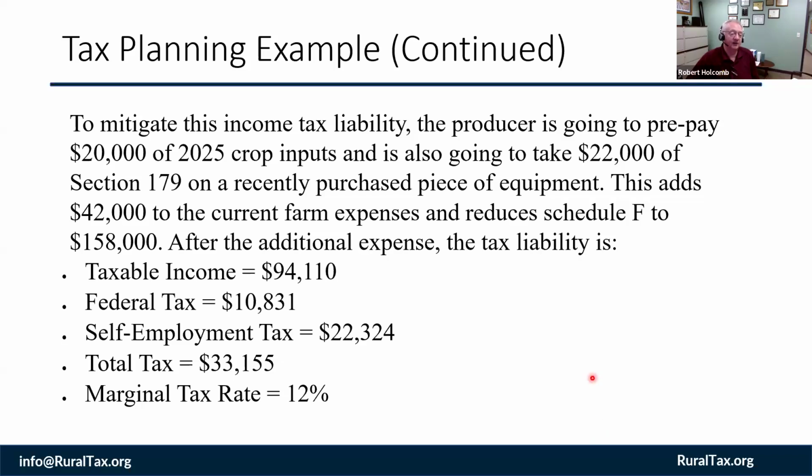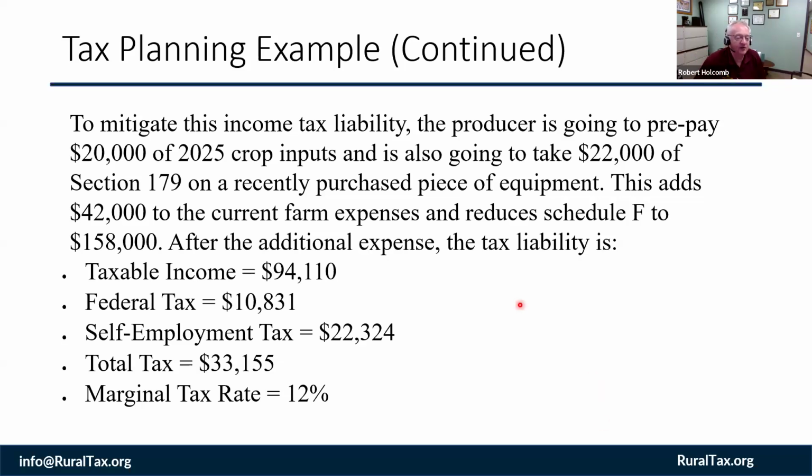So to mitigate this tax liability, we're going to prepay $20,000 for crop inputs, and we're going to take some accelerated depreciation on some equipment that's going to net us an additional $22,000 worth of expense.